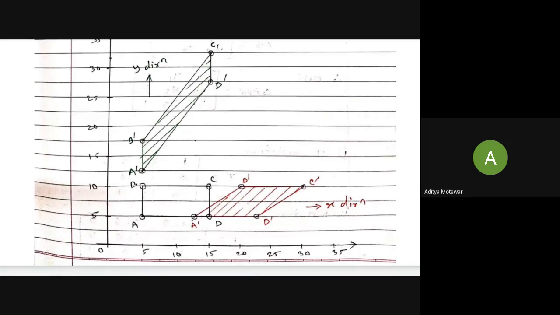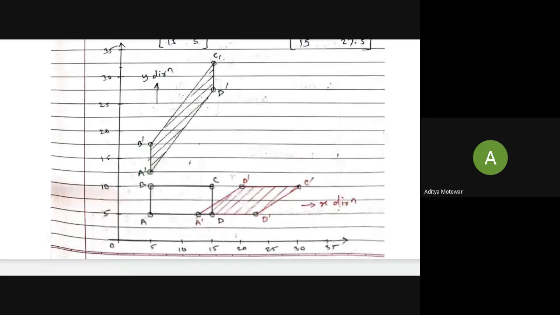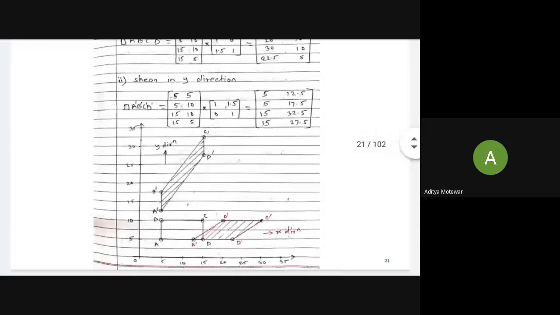Your object घसरणे म्हणतो आपण त्याला shear. This is the diagram of the given problem. This diagram is allocated about 40 to 50% of the marks. So keep in mind the procedure of problem solving. First, write the given data in terms of a matrix. After that, the multiplication with the transformation matrix, and the third step is the sketch. This is a very simple method of problem solving.